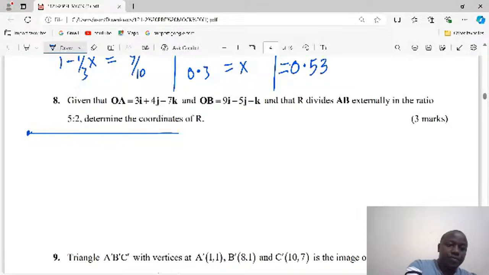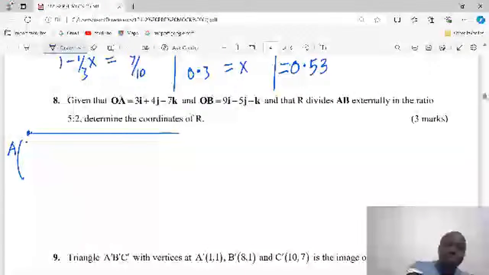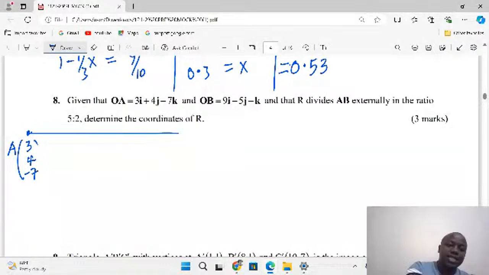According to the coordinates here, I'm going to pick 3, 4, -7. I'm writing them as column vectors.